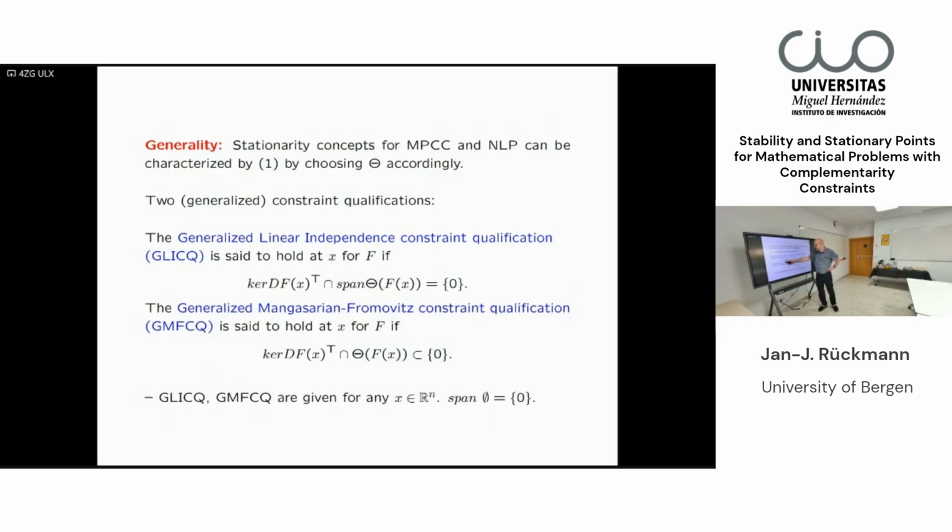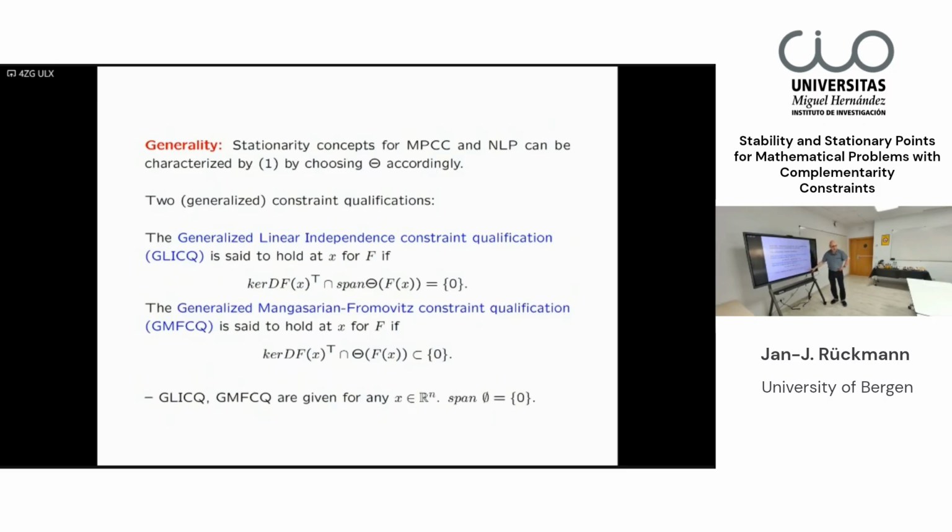GLICQ is defined as this: the intersection of the kernel of the gradients of the constraints, and here we have the span of this cone-valued mapping, and GLICQ is fulfilled if this intersection is only 0.